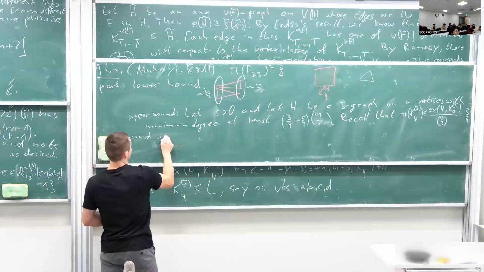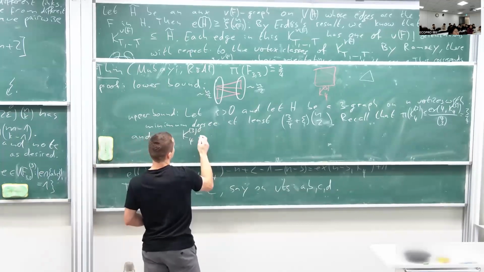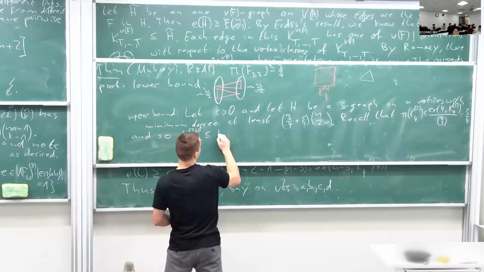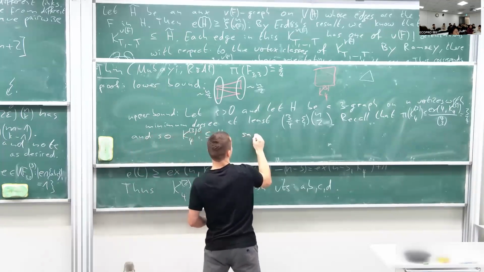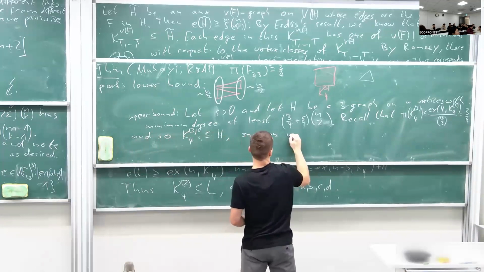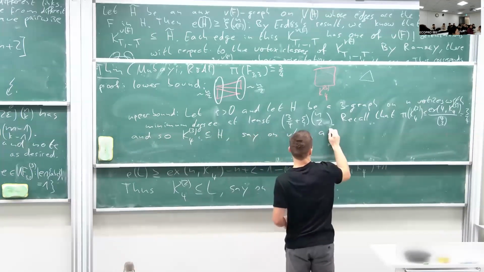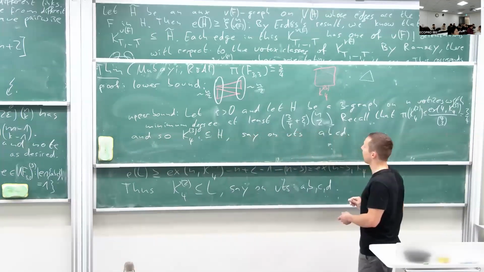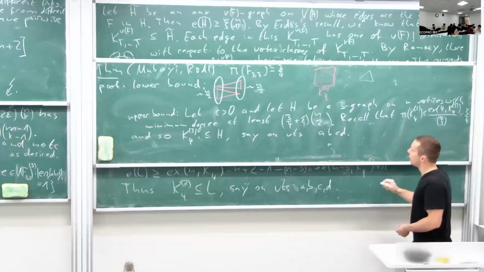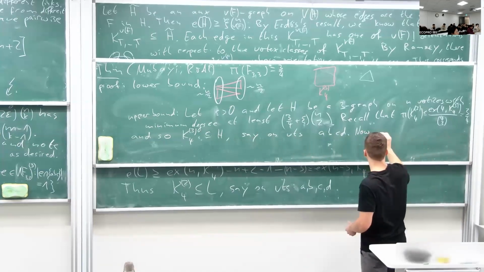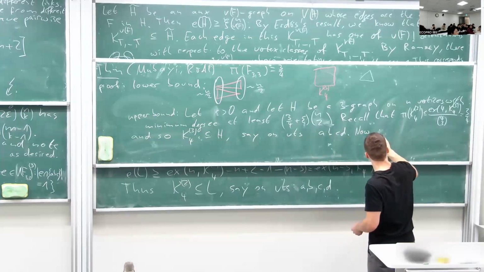And so there's some K4 in H, say on vertices A, B, C, D. Now consider a weight function.